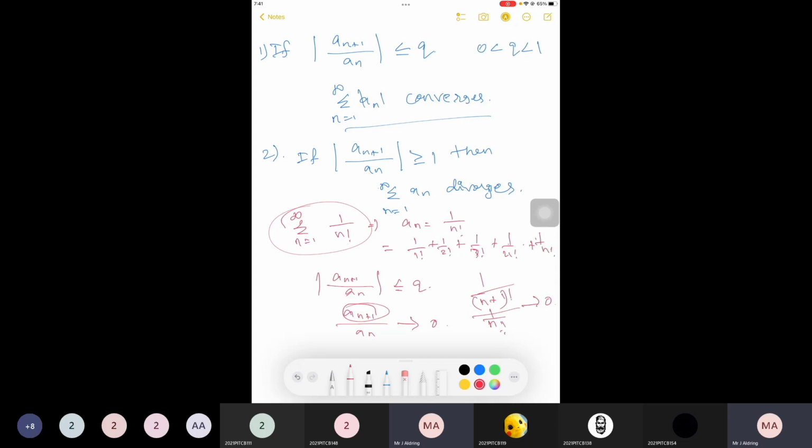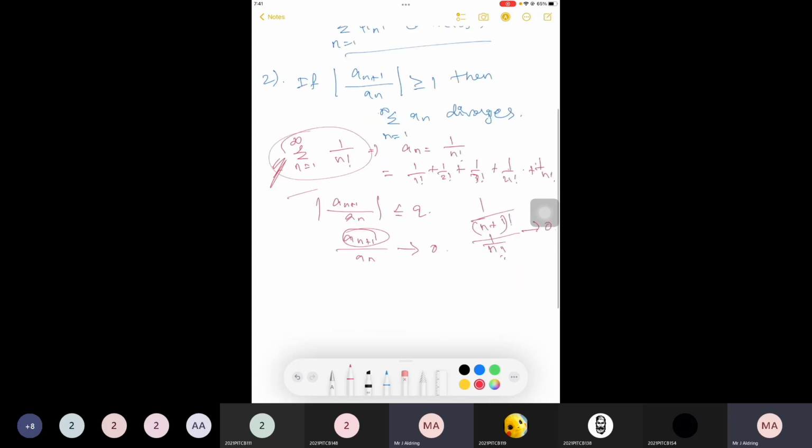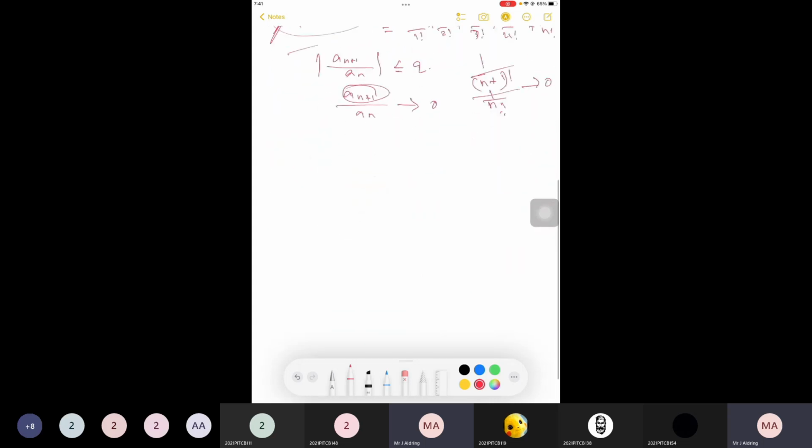Therefore, definitely the series is convergent. That is one example. We'll see another example also.